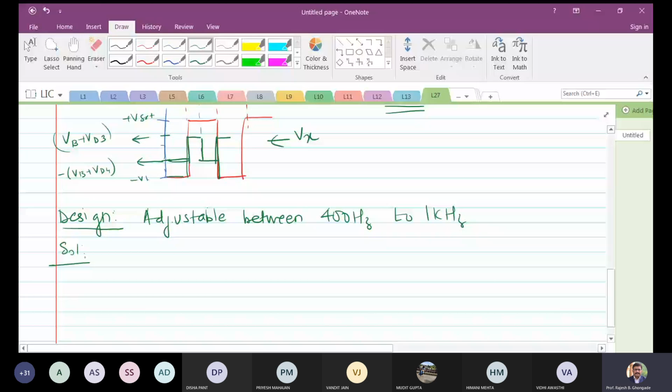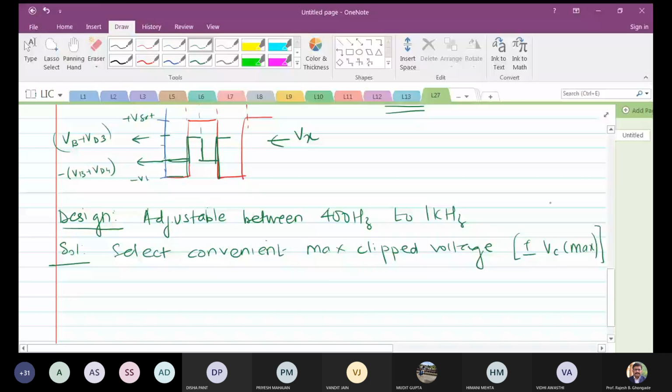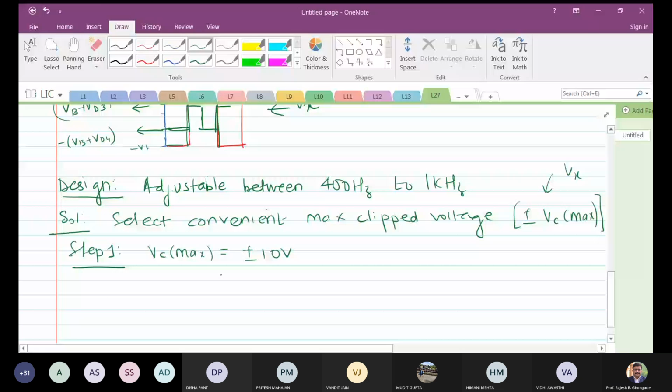In fact, this is going to be your Vx. So step 1, let us say VC max is plus minus 10 volts. Remember, it has to be lower than Vsat, and we are assuming that VCC and VEE are plus minus 15 volts.